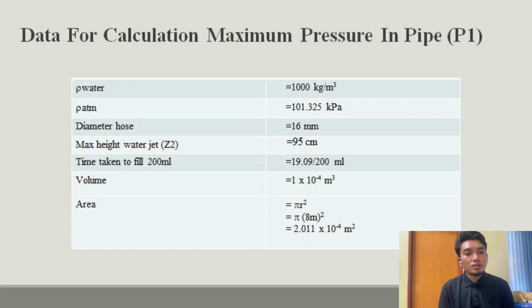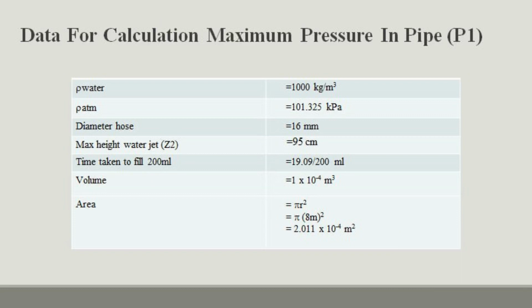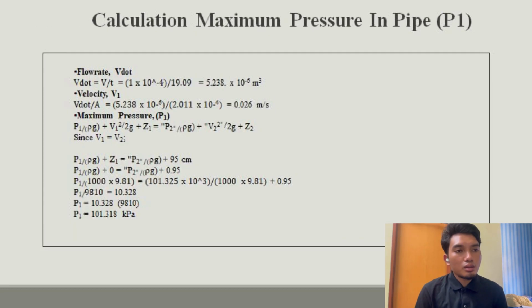The area is pi r to the power of 2. The radius is 8 mm and the answer is 2.011 multiplied by 10 to the power of negative 4 meter square. The calculation for flow rate, the formula is volume divided by time.